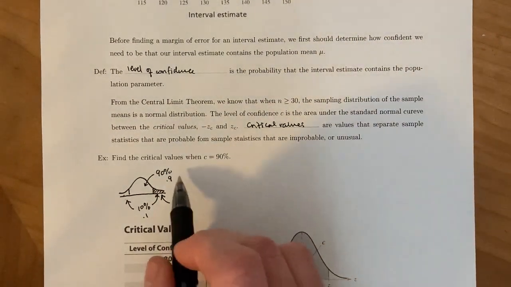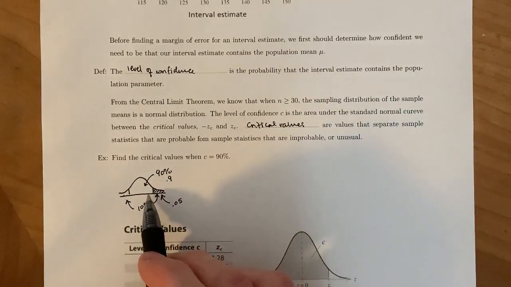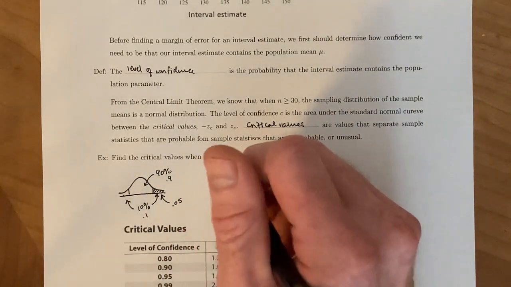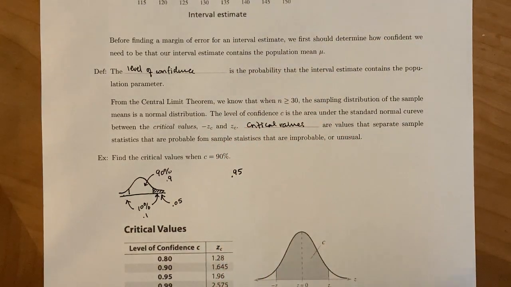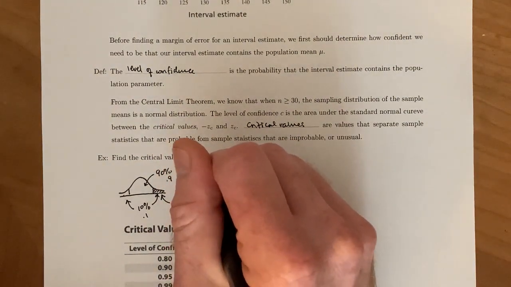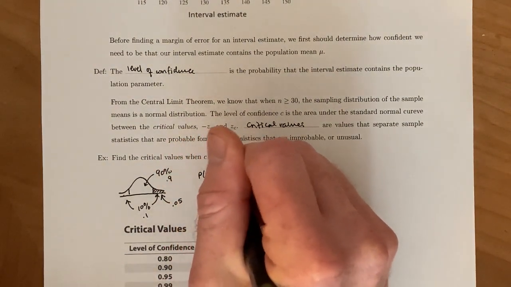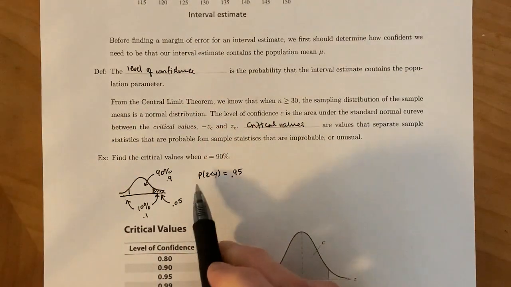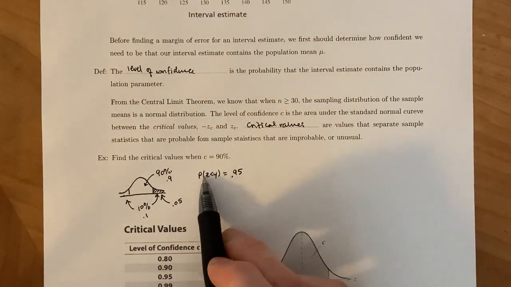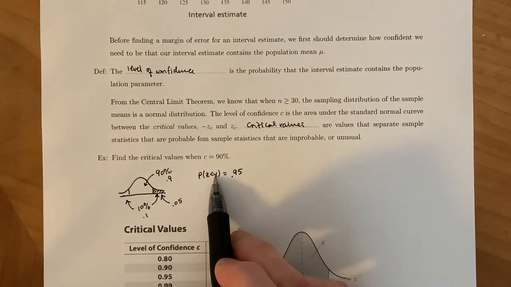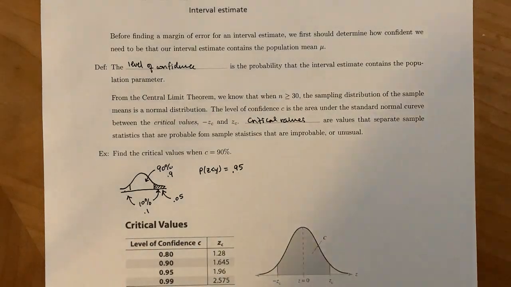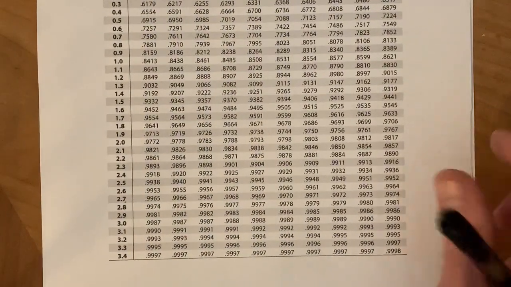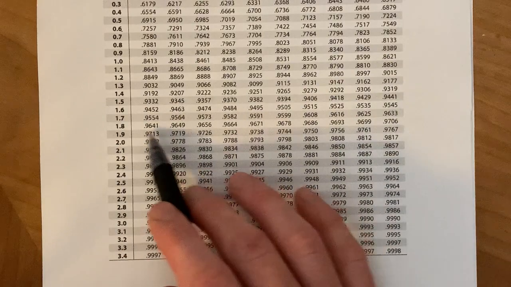Which means the unshaded region, everything to the left, is equal to 0.95. Now we need to find the z-score for which the probability z is less than the value we want is equal to 0.95. So we come to our chart and we start searching around for 0.95.